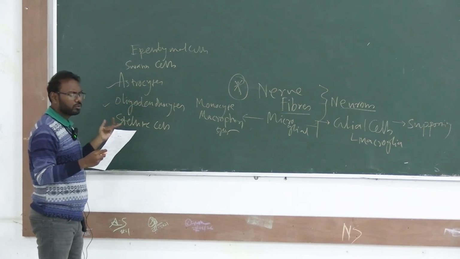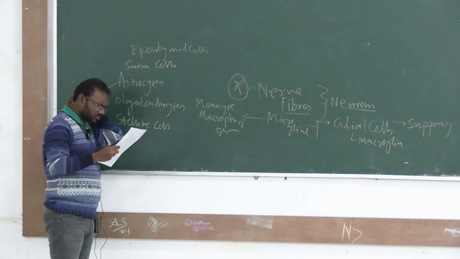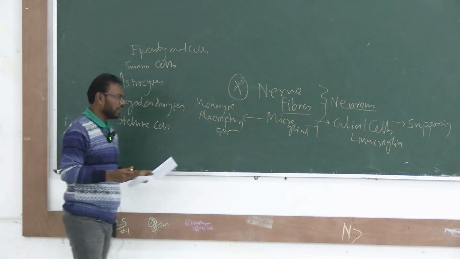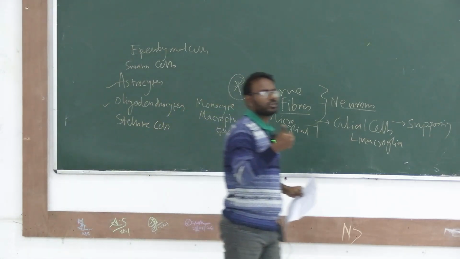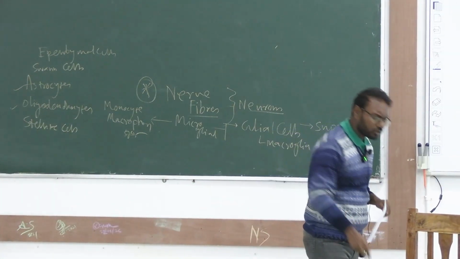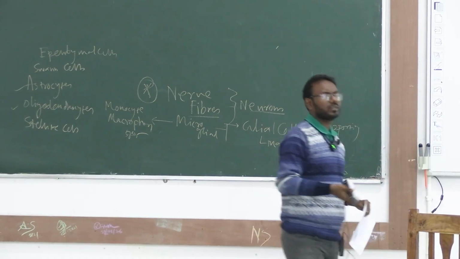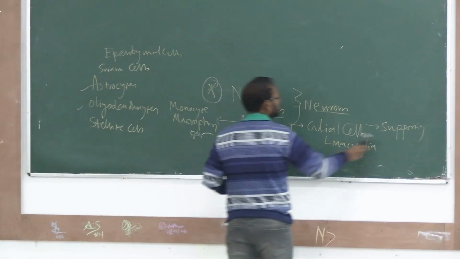Now these astrocytes, astrocyte means they look like stars, and also they have a tendency to illuminate colors, they have a greenish appearance.